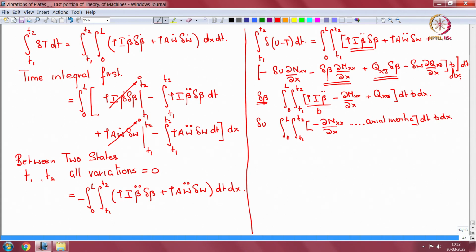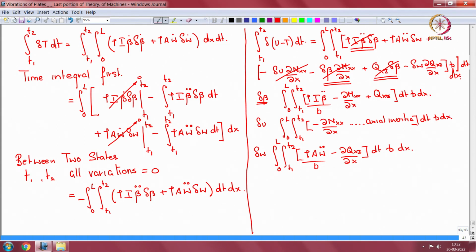Then we have, so this is done, this is done, this is done, and then we have delta w, which is integral 0 to L, integral T1 to T2, rho A w double dot by b minus del qxz by del x, dt b dx.